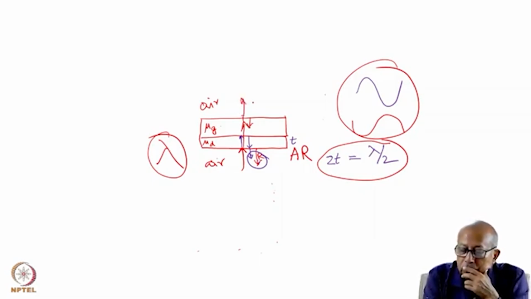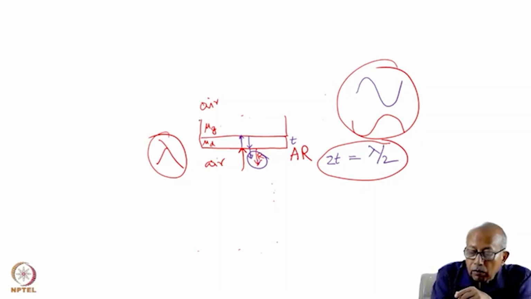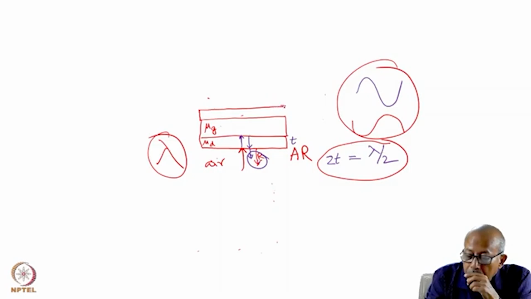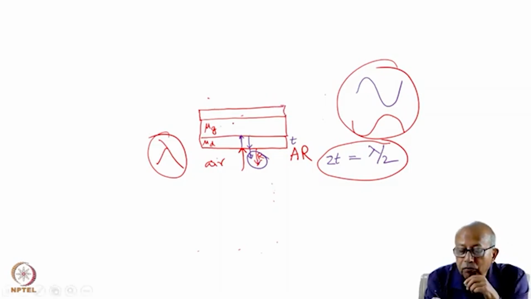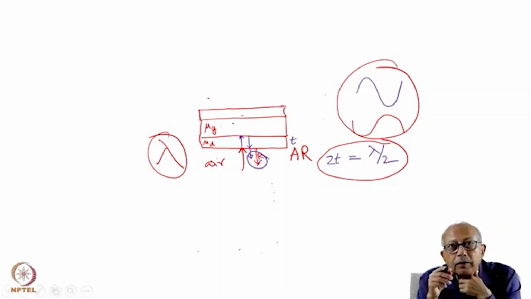Now if we want to get rid of this reflection, then what do we do? We once again deposit this dielectric thin film on this side.